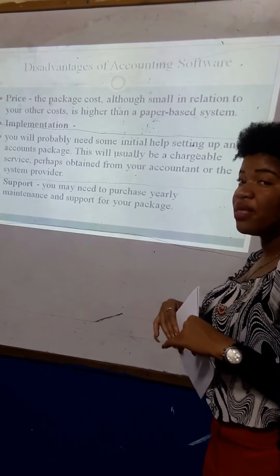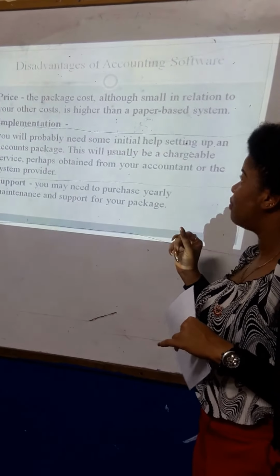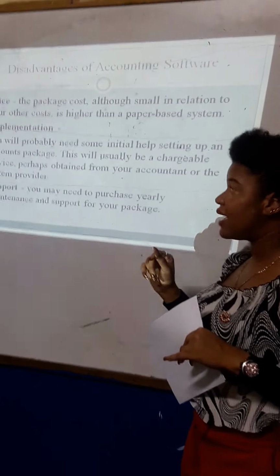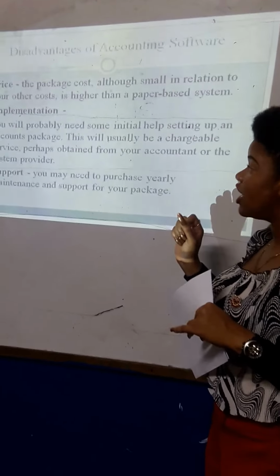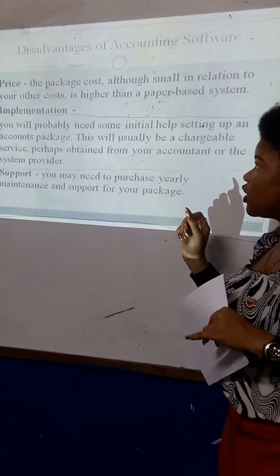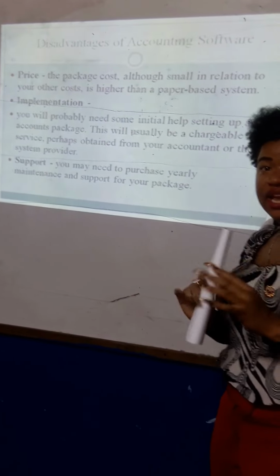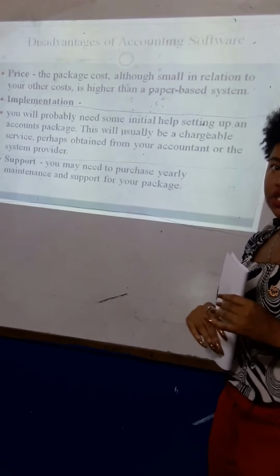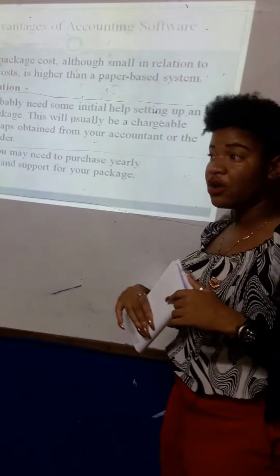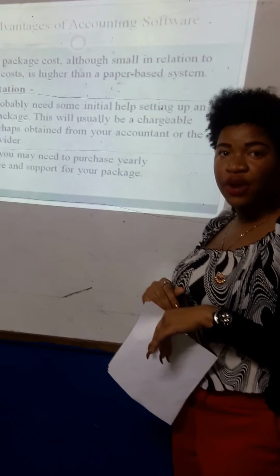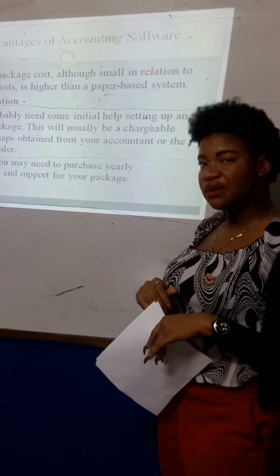Implementation. You probably need some initial help setting up an accounting package. This will usually be a chargeable service, perhaps obtained from your accountant or the service provider. So you must pay keen attention to these disadvantages. You need to pay in order to sometimes operate your accounting software systems.